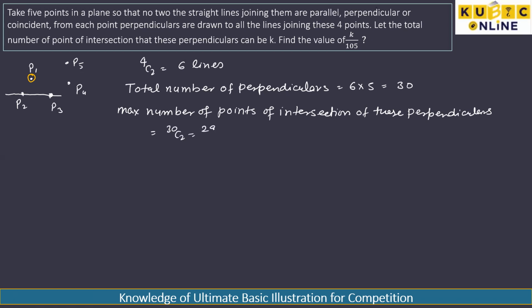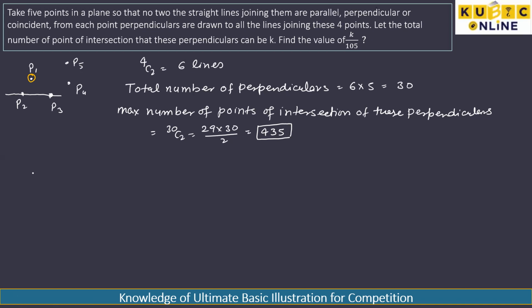So this will be 29 into 30 whole divided by 2, and now we get 435. So there will be 435 points of intersection. So we are getting 435 points of intersection, but we shall show these points of intersection are not distinct. So we'll consider a few cases. We'll consider 3 cases basically.